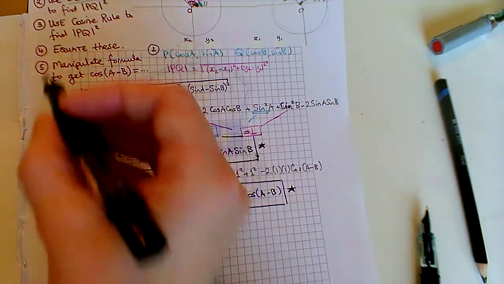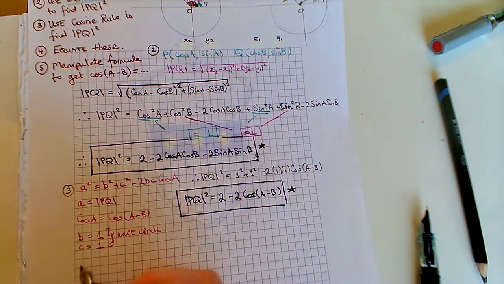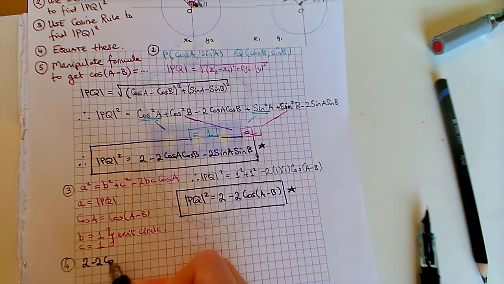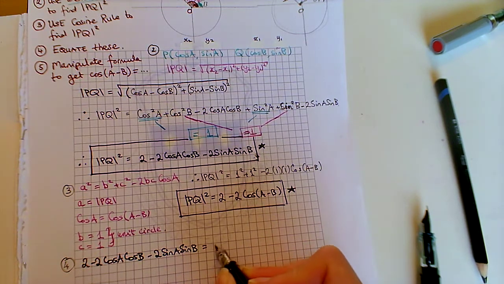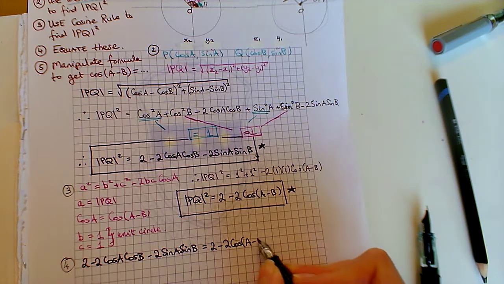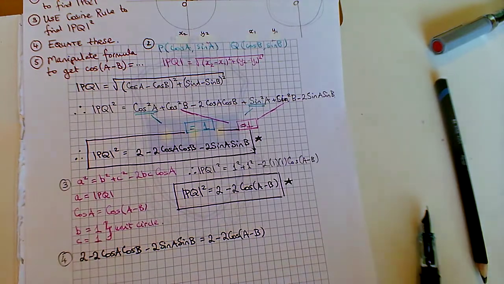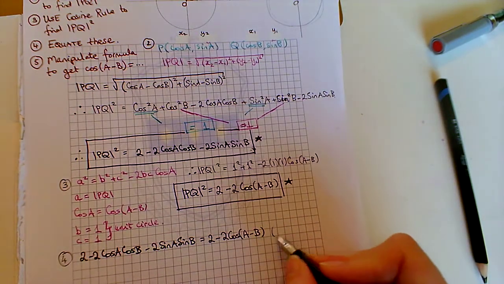So for step 4, I said we must equate them. We must say that they're equal to each other. So for step 4, we say that 2 minus 2 cos A cos B minus 2 sine A sine B is equal to 2 minus 2 cos A minus B. Now, the first thing we'll do is divide across by 2.